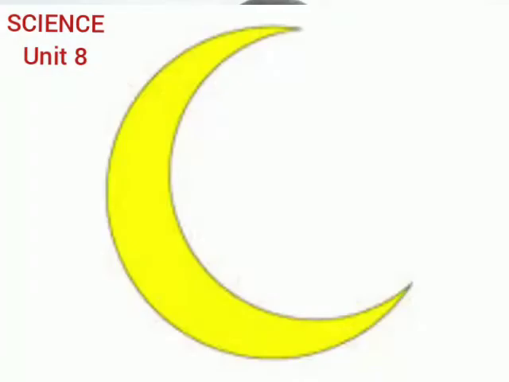Now coming under the topic, the mystery of moon's crescent. See, this is the shape of a crescent. Now what do you mean by that, children? How does it occur? That is what we are going to discuss in this topic.